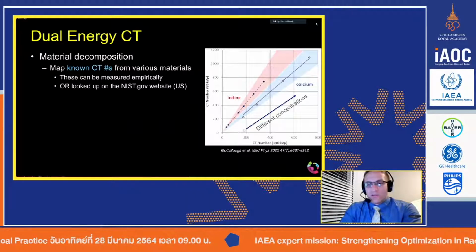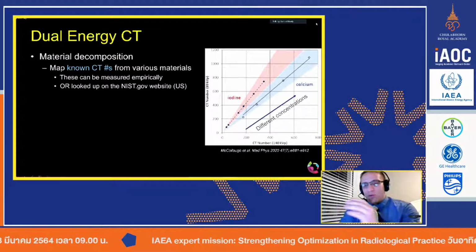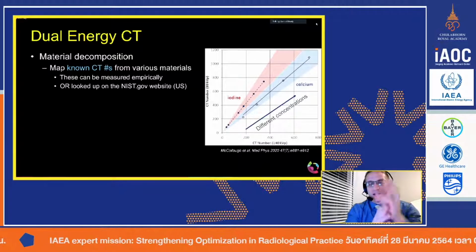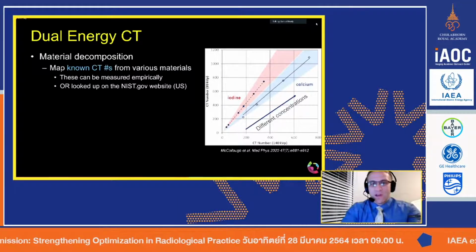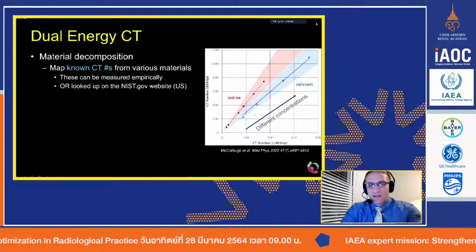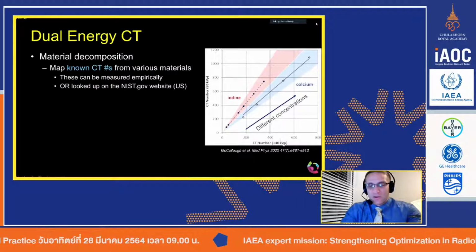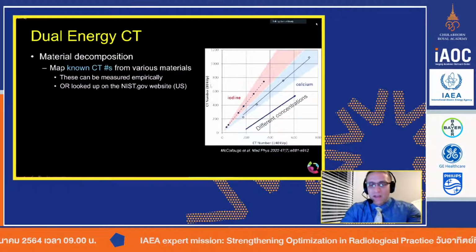So if we want to create a reconstruction algorithm that will identify iodine and distinguish it from calcium, what we can do is take a variety of different iodine concentration samples and measure them first at 140 kV, and then do the exact same thing. We'll image them at 80 kV.